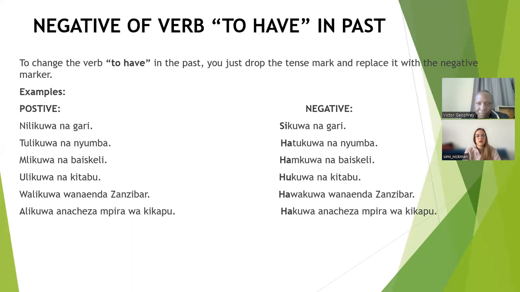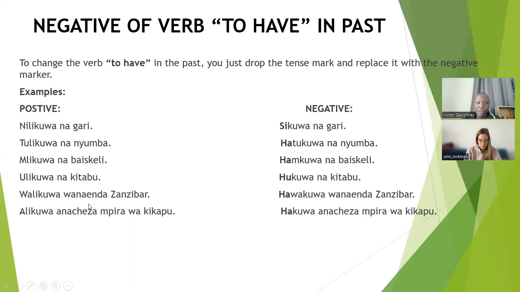This happens when kuwa is connected with another verb, then it changes from to have to to be or to do something. This kuwa, walikuwa, is used as an assistant verb, and wanaenda is the main verb. That's what happened even in the passage; I think in the passage you saw something like this.